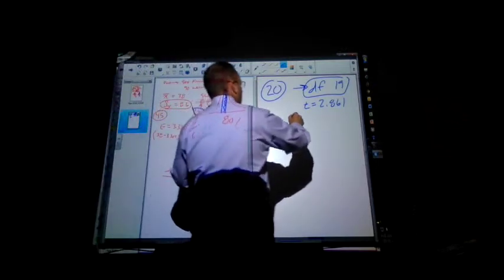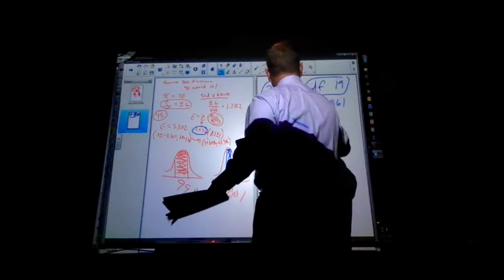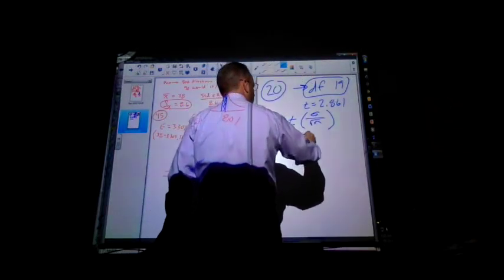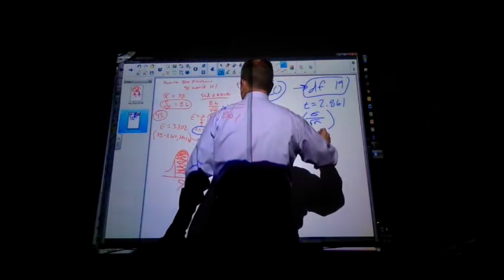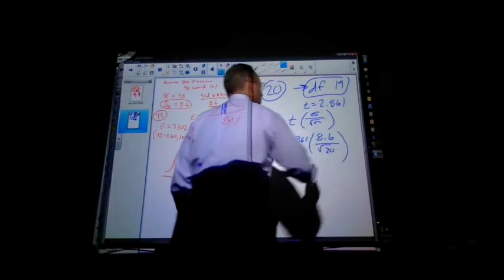All right, so for E, I'm using t now. So I'm going to go 2.861 times the standard deviation of the population, 8.6, over the square root of 20.